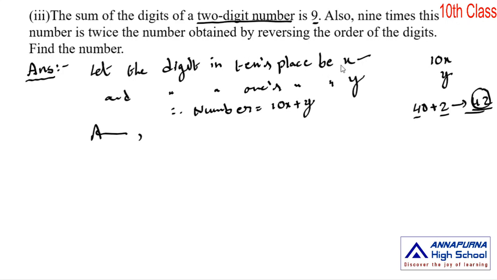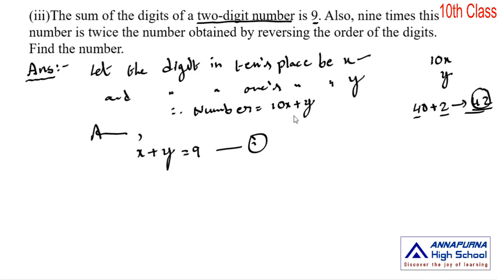Okay, so according to the problem, the first condition is sum of the digits is 9. Here what are the digits? X and y, their sum is 9, means x plus y is equal to 9. This is the first equation. And also 9 times of this two digit number. Here what is the two digit number? 10x plus y is the two digit number.